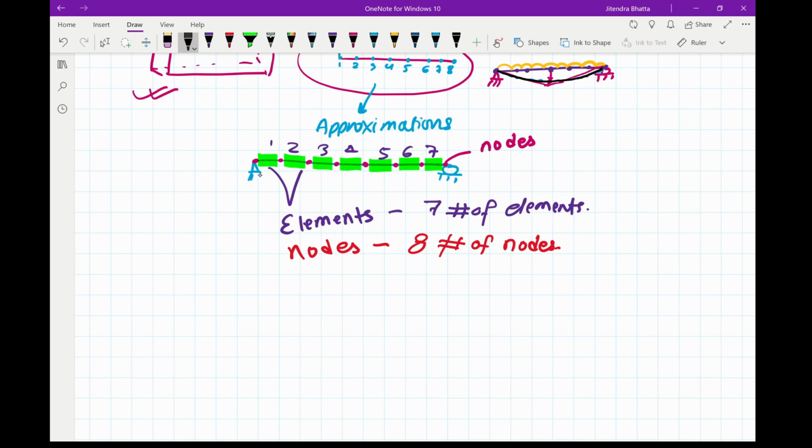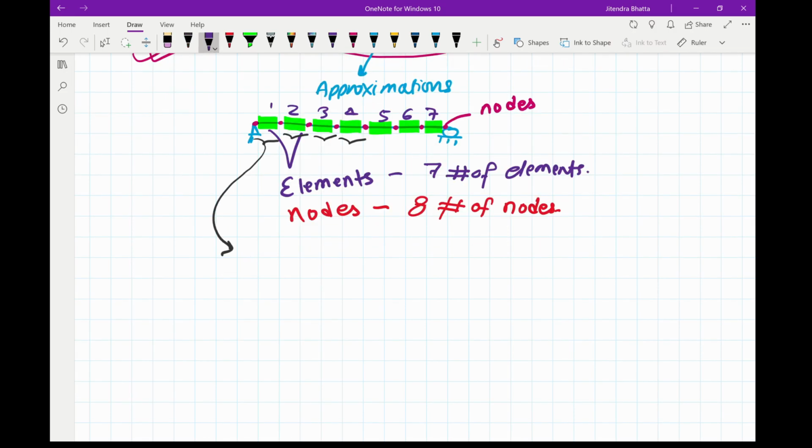The procedure of the finite element method is something like this. You take each of these elements out. So you take the first element out and you form a free body diagram like this. Now this is your element number 1. Here you'll have 2 nodes and this will be your beam. Then you have to solve for your forces and your displacements or the moments at these nodes.